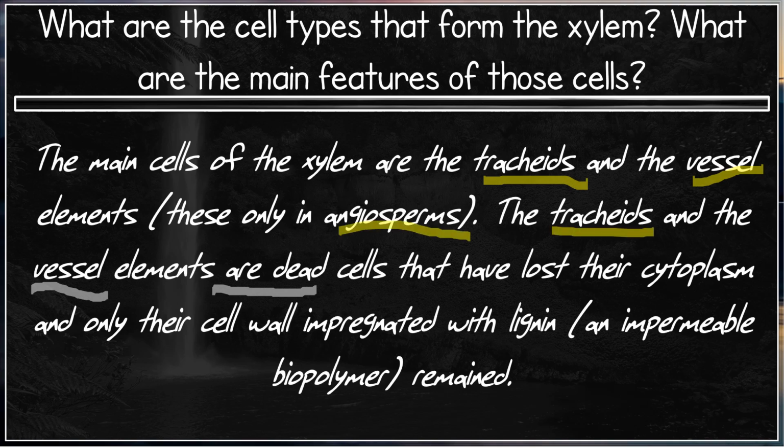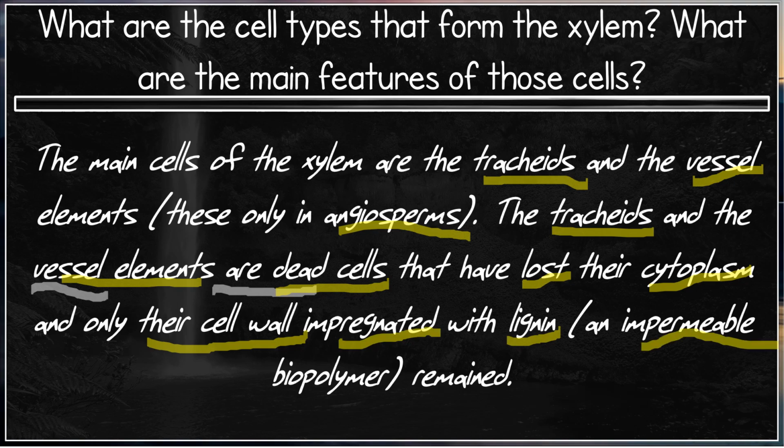The tracheids and the vessel elements are dead cells that have lost their cytoplasm and only their cell wall remains, impregnated with lignin, an impermeable biopolymer.